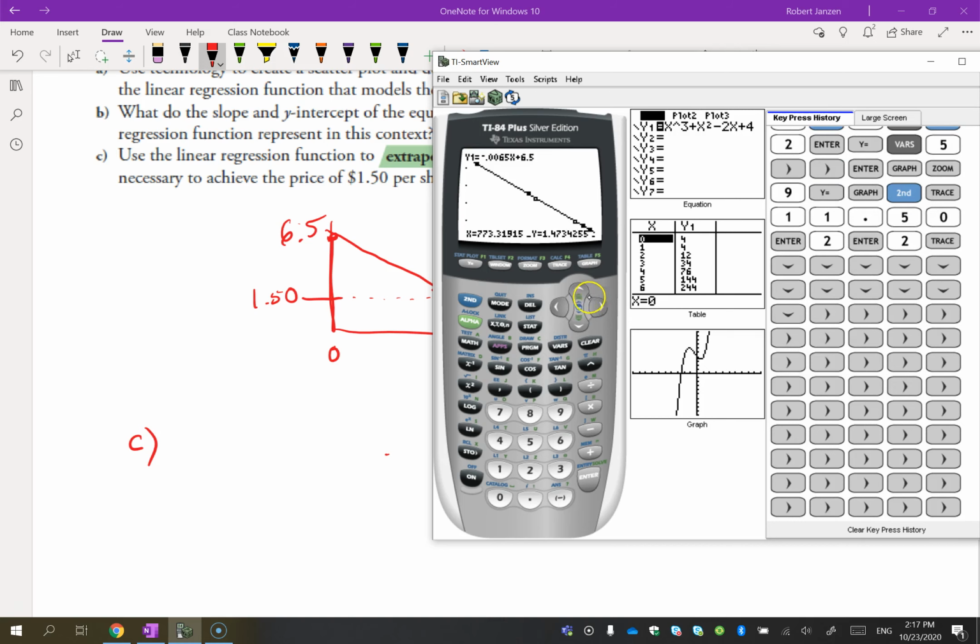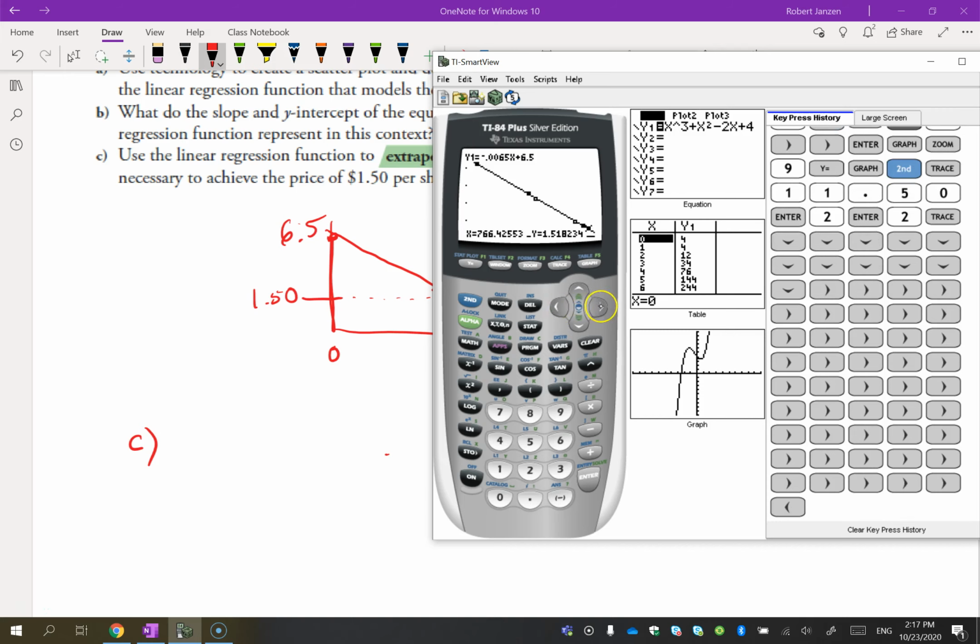Now you can see that going back and forth, I can't quite hit 1.50. You could spend a bunch of time trying to zoom in, but I'm going to say 1.51 or 1.52 is pretty close. Maybe I should have just a few less than 766. So right now I'm thinking 766.